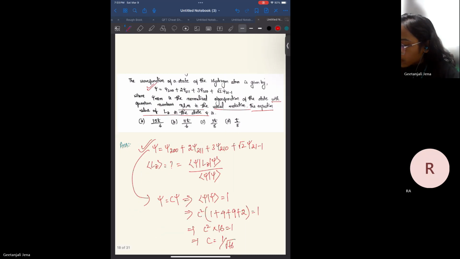So psi equals 1 by root 16 psi 211 plus 3 by root 16 psi 210 plus root 2 by root 16 psi 21 minus 1.